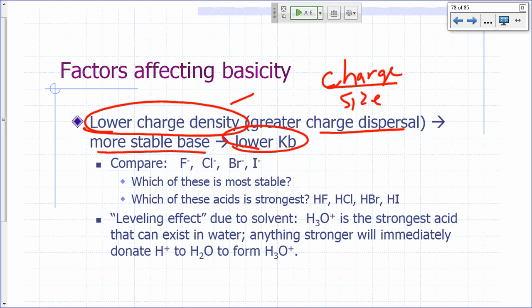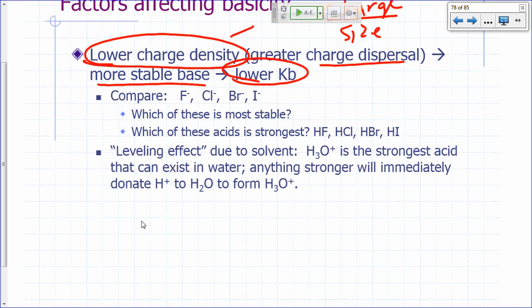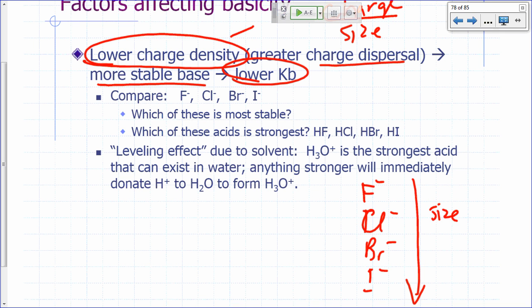So let's compare fluoride, chloride, bromide, and iodide. Which of these is most stable? What do you know about the trend in size? They all have negative charge, right? So as far as charge is concerned, it's the same. Going down a column in the periodic table, what happens to the size? As you go from fluoride, chloride, bromide, iodide, it increases, right?